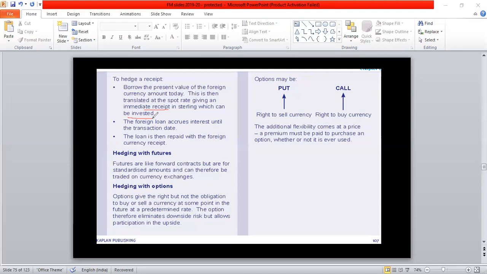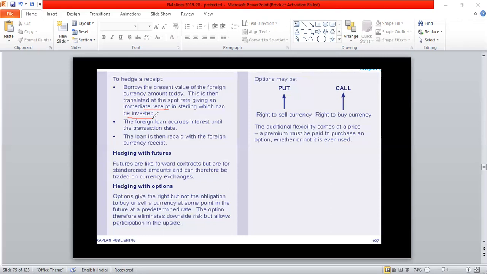If it is beneficial, he has a right to sell it. Otherwise, he has an option not to sell it. So if it involves selling, we call it a put option. If it is about buying, the right to buy, we call it a call option. Call option is about buying. Put option is about selling.